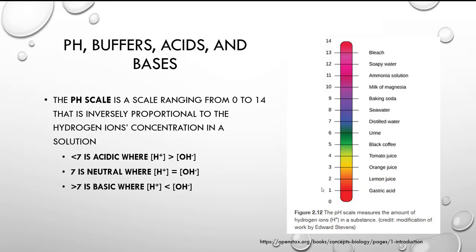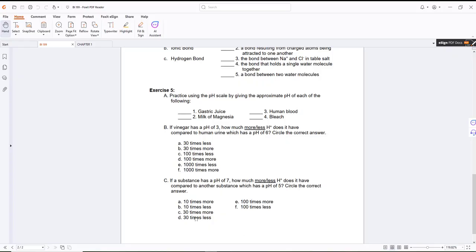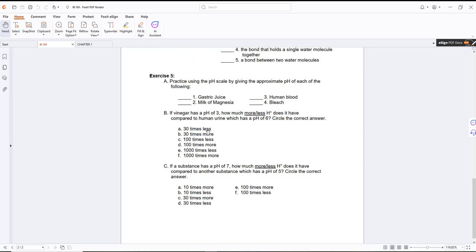Okay, so this came directly from our book, so you can see what the pH is of those items. Okay, and then these are multiple choice questions, so you'll do the calculations to figure out not only what the numbers are, but if it's supposed to be more or less hydrogen. Okay, so that is the assignment, so that actually gets submitted for points.